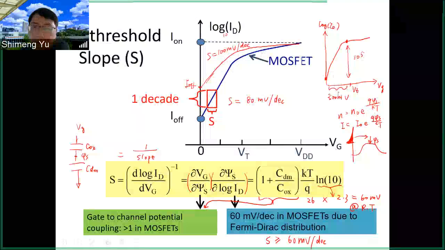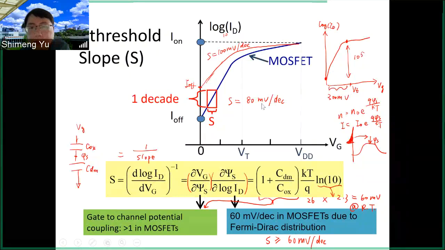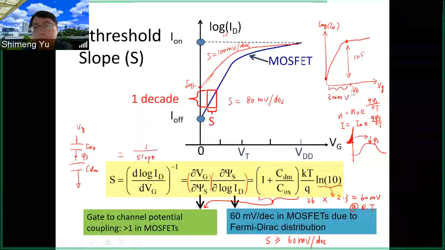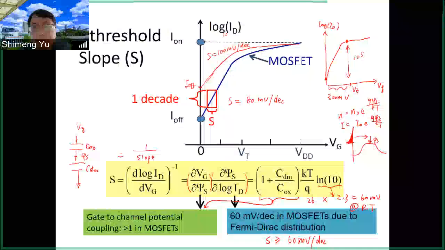This is when you design your transistor structure very well, and your S can be as small as 60 millivolts per decade, but in reality, as we discussed, can be 70 or 80. So your threshold voltage can be like 300 millivolts to 400 millivolts. That's why today, if you look at the specs, you rarely see the transistor's threshold voltage below 300 millivolts or 400 millivolts.